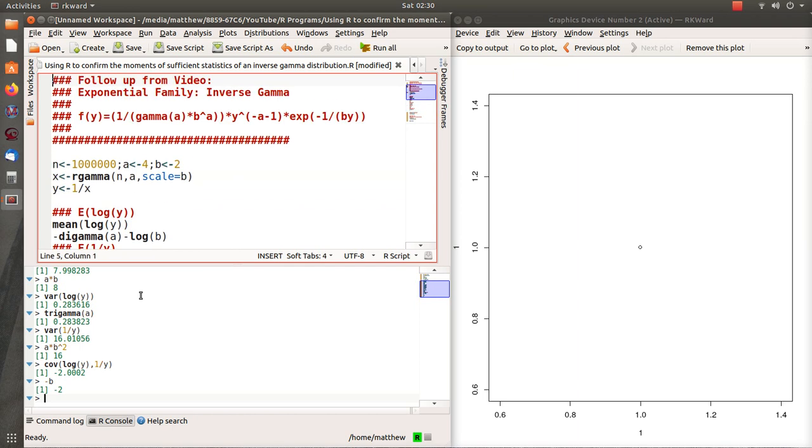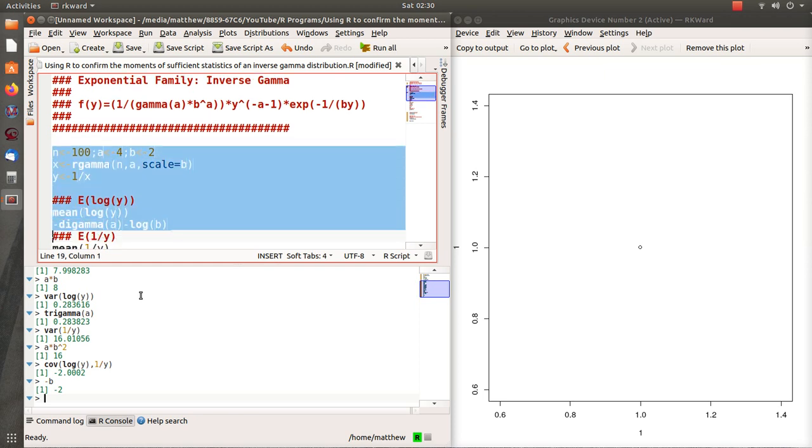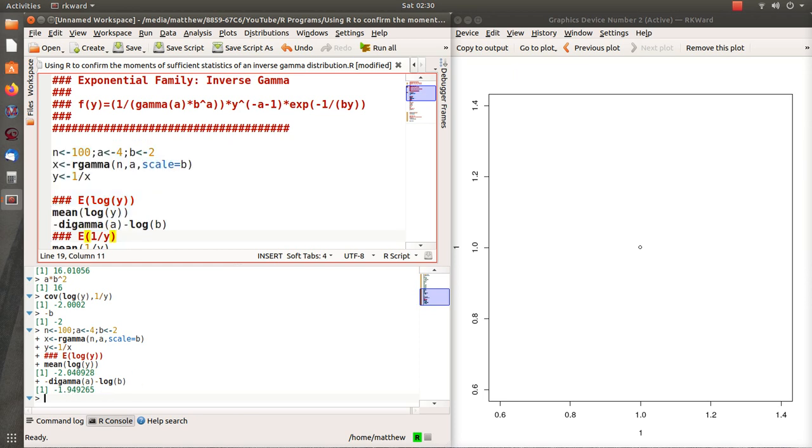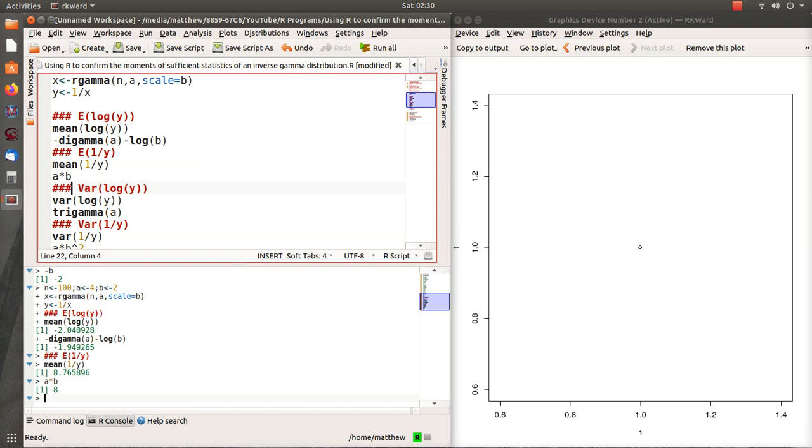Now to be a little more fair, let's do this with a sample size of 100 and go through this a little more quickly. So here the simulated mean of the log of y is minus 2, the theoretical is again negative 1.94. Then the simulated and the theoretical mean of 1 over y: 8.7 is simulated, 8 is the theoretical.